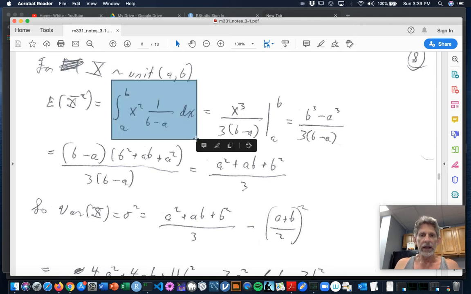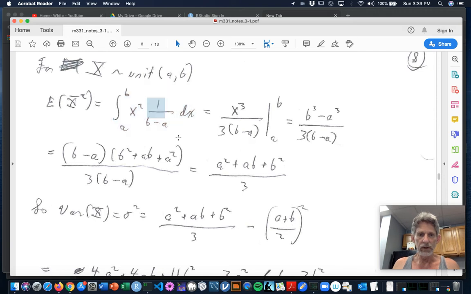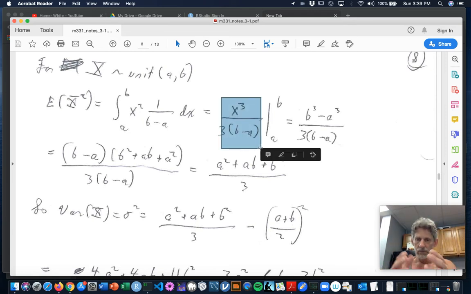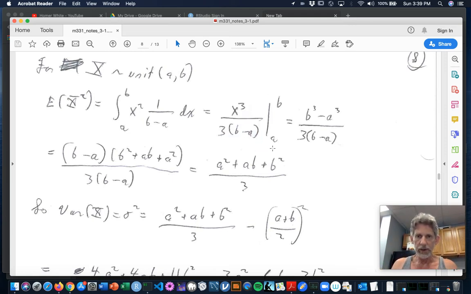And again, I don't have to go integral minus infinity to infinity because of all the places where little f is 0. I'll just focus in on the places where little f is non-zero, and that's from a to b. And so I take the antiderivative, evaluate from a to b. I get this.